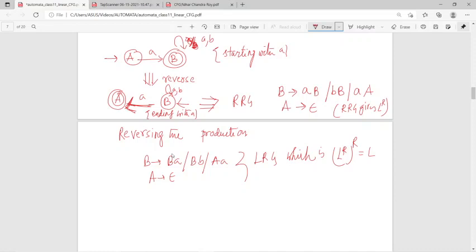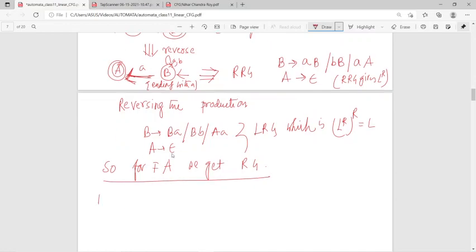And that is, I think, okay. So for finite automata, what do we get? We get regular grammar. Now we will see whether we can generate finite automata or not.